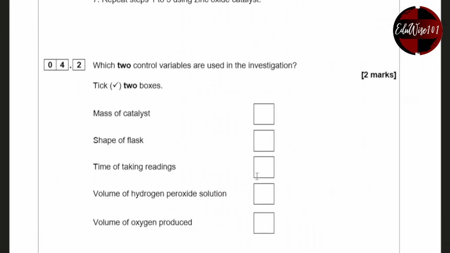Which 2 control variables were used in this investigation? A control variable is what you don't change, what you keep the same.